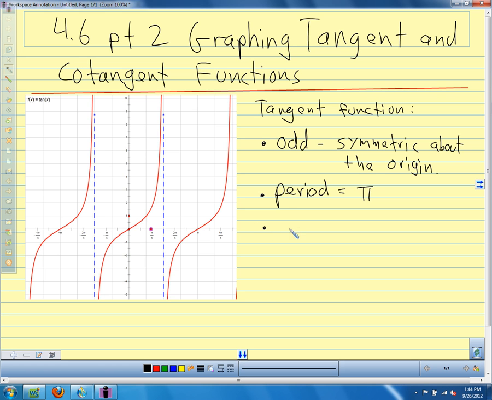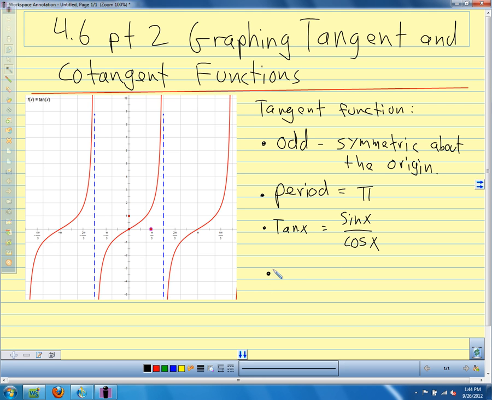Because the tangent of a number is the sine of that number over the cosine of the number. That's one way we define the tangent.